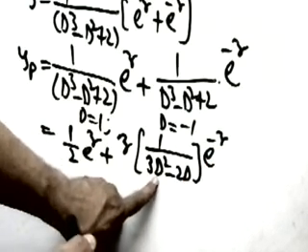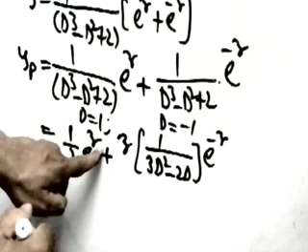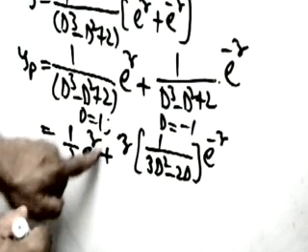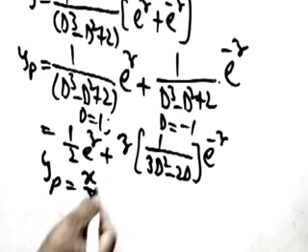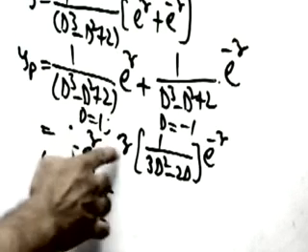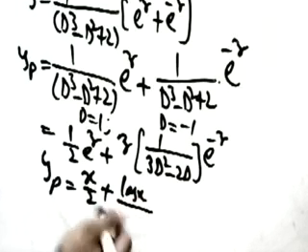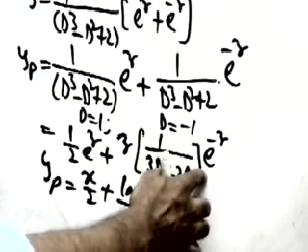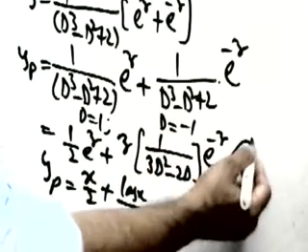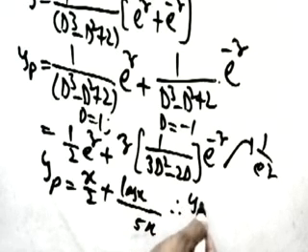Now again if you keep minus 1 in place of D, this will become 3 plus 2, which is 5. And we already knew e power z is x, so yp equals x by 2 plus z, where z is log x, divided by 5, and e power minus z is 1 by e power z, which is x in the denominator, so we got yp.